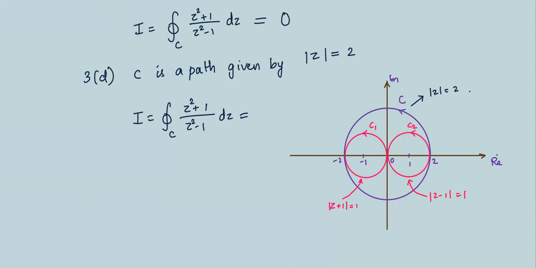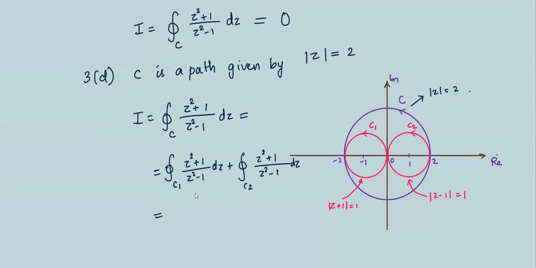Now this is a multiply connected domain. In fact, this is a triply connected domain. Here there is one point of singularity, another point of singularity. So we can write this as integral C1 (z square plus 1) by (z square minus 1) dz plus integral C2 (z square plus 1) by (z square minus 1) dz.